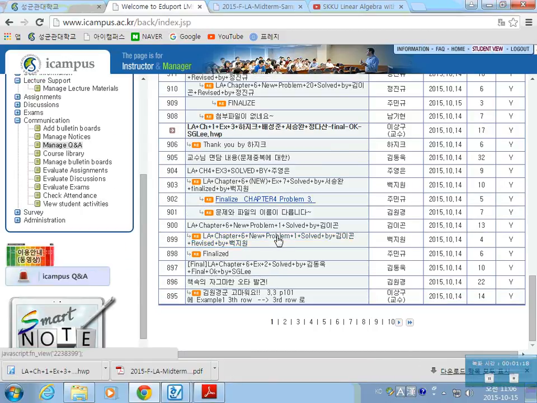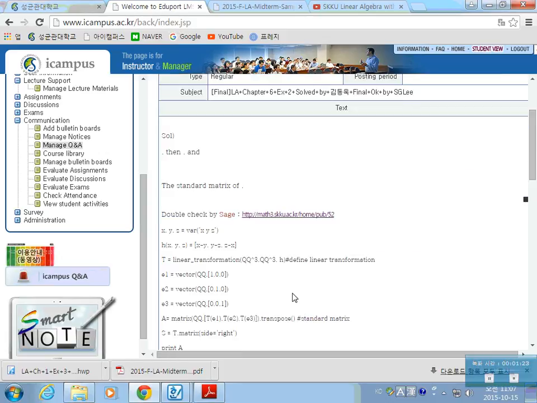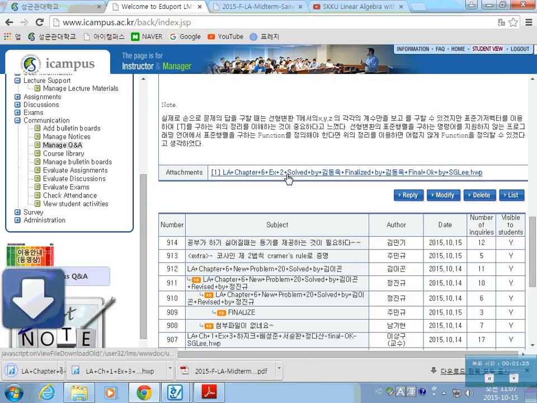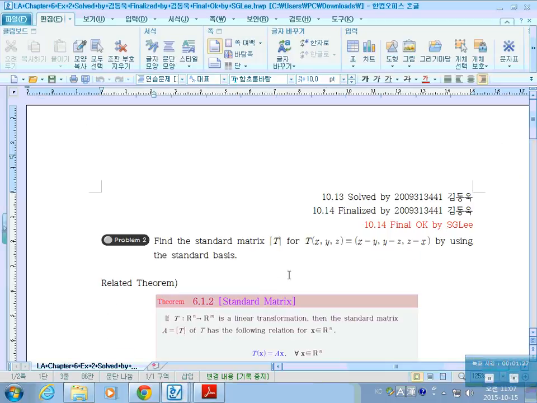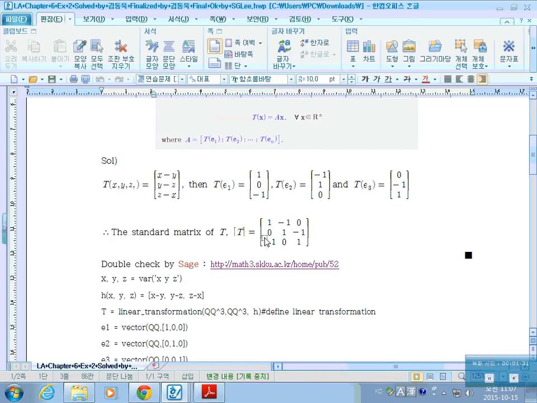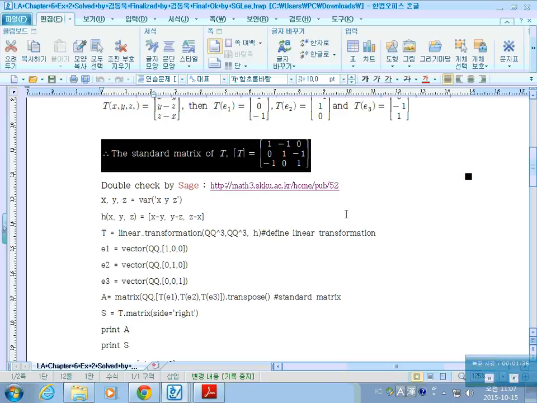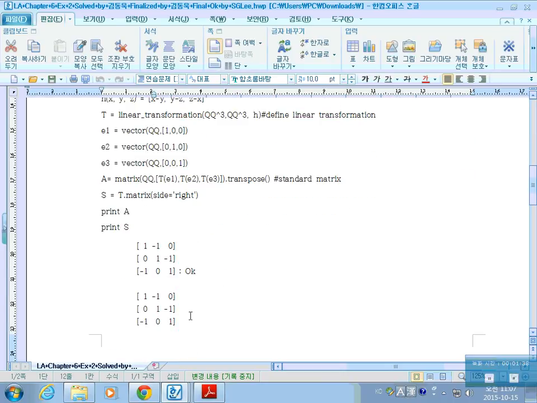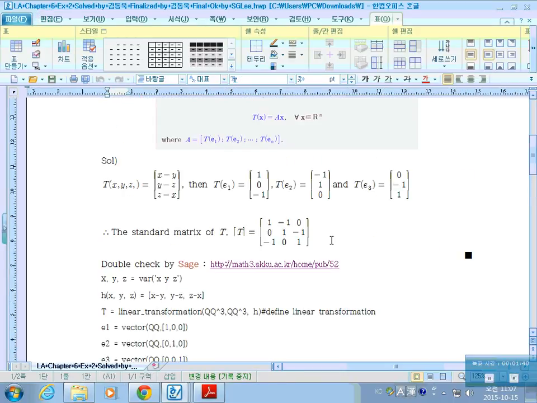Many of you made the solutions of the problems in chapter 6 and others to find the standard matrix, and Mr. Kim checked his solution is right.